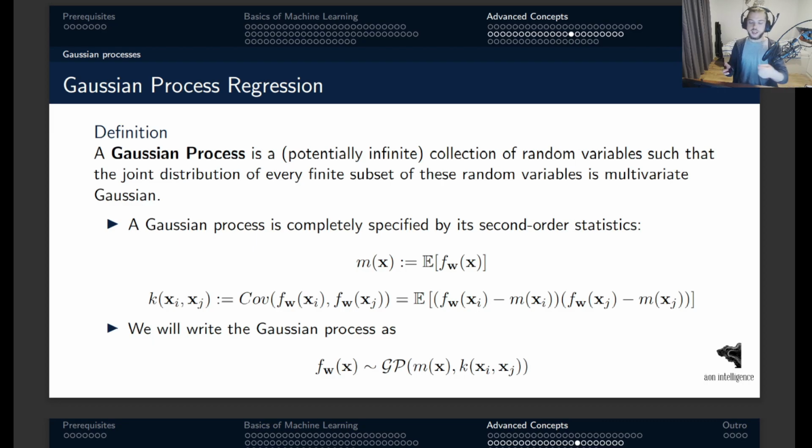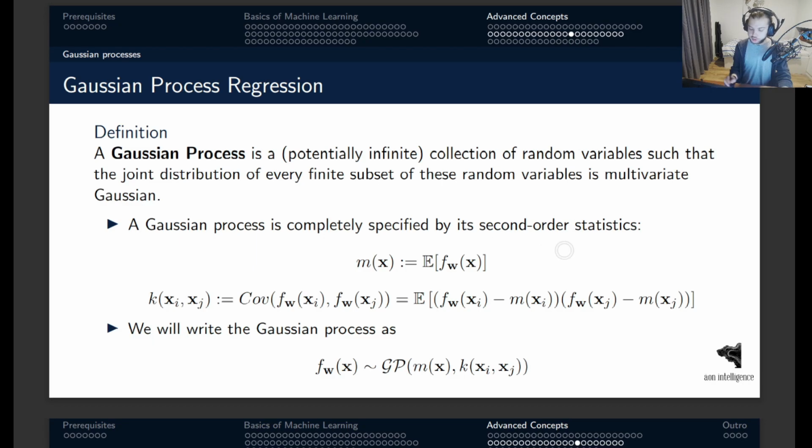If you take any collection of random variables from that set and you find the joint density of those, and for all these joint densities, you find that this is a multivariate Gaussian, then you have a Gaussian process. And you are guaranteed to have a Gaussian process if your collection of random variables is a collection of multivariate Gaussians, right? Because if you take the joint of two or more multivariate Gaussians, you have that this will be, again, a multivariate Gaussian. And this will then satisfy this definition.